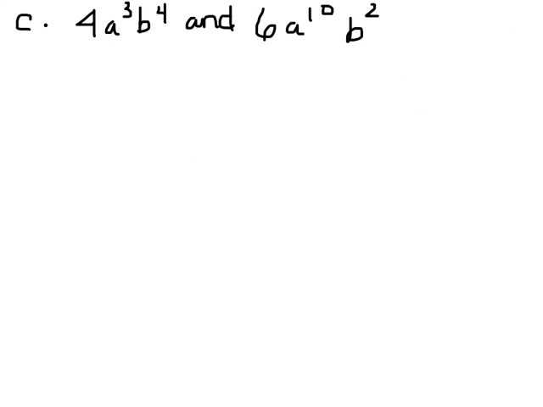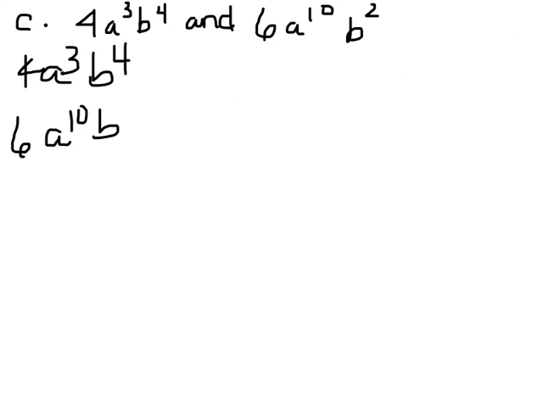All right, 4 a cubed b to the 4th, and 6 a to the 10th b squared. All right, 4 is 2 times 2, and 6 is 2 times 3. So I've got 2 squared, and I've got 3.